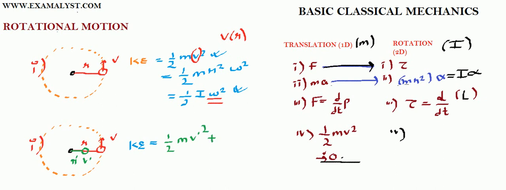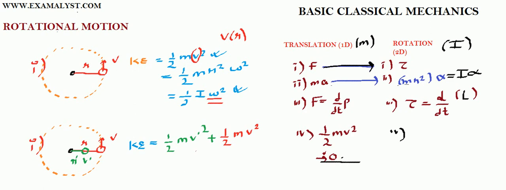Now what is the kinetic energy of the red ball? The kinetic energy of the red ball will be half m v square. An interesting thing is, since v dash and v are different, I am facing a bit of a problem reducing this big equation. But this big equation will be reduced if I just introduce omega.